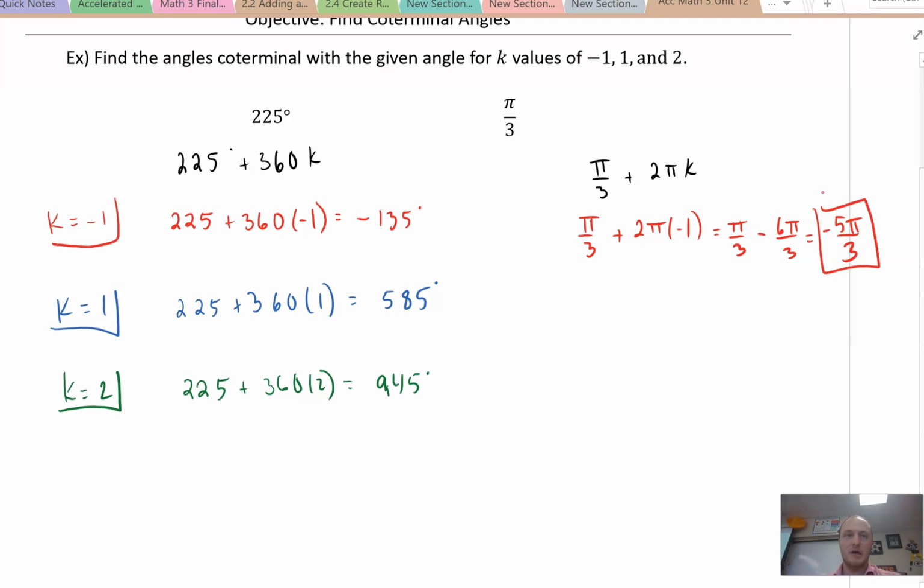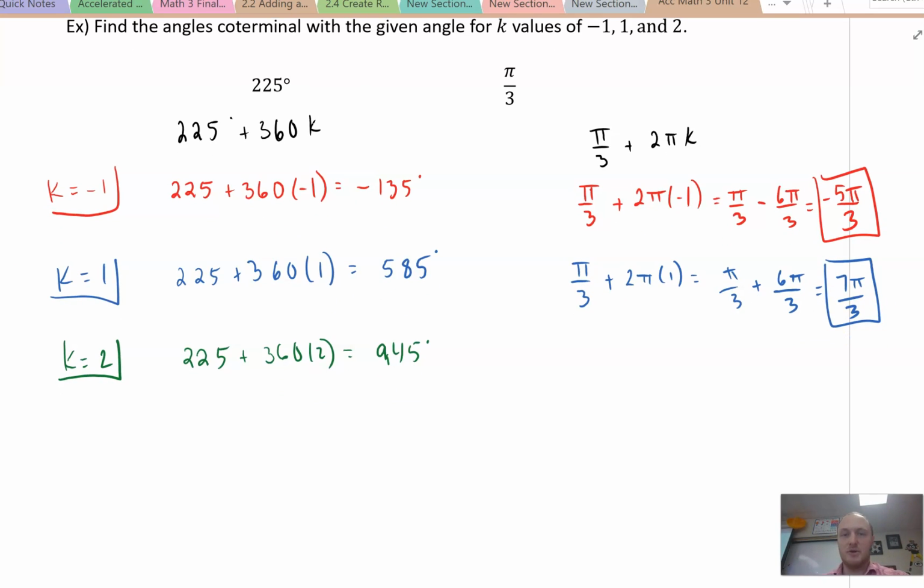All right. Okay, what if k is 1? Okay, this is simple. So I have pi thirds plus 2 pi times 1, which is just 2 pi. Converted to a fraction, that would be plus 6 pi over 3, which gives us 7 pi thirds. They're coterminal. They end in the same spot.